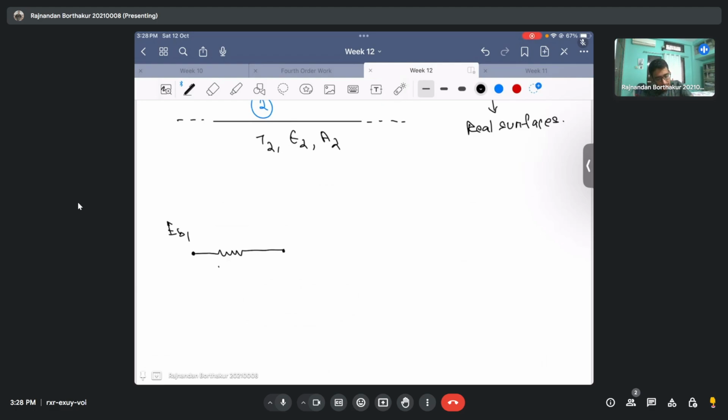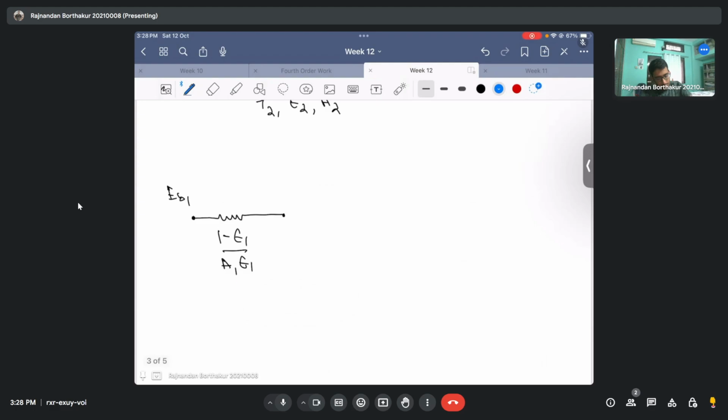So I will have a resistance, which is (1 minus epsilon 1) divided by A1 epsilon 1. This is the surface resistance for surface 1.